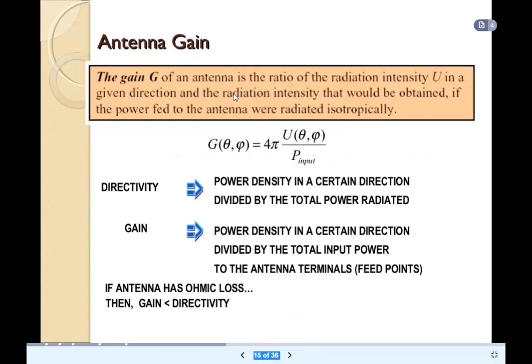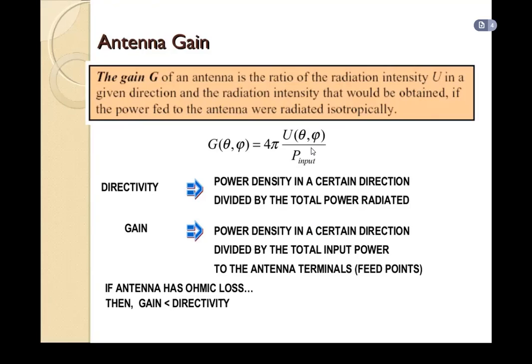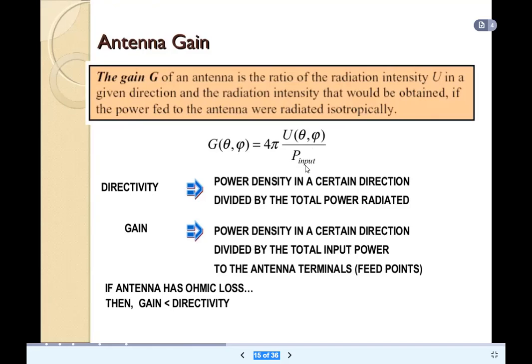The gain in a given direction is G of theta, phi equals 4 pi times U of theta, phi divided by the total power.